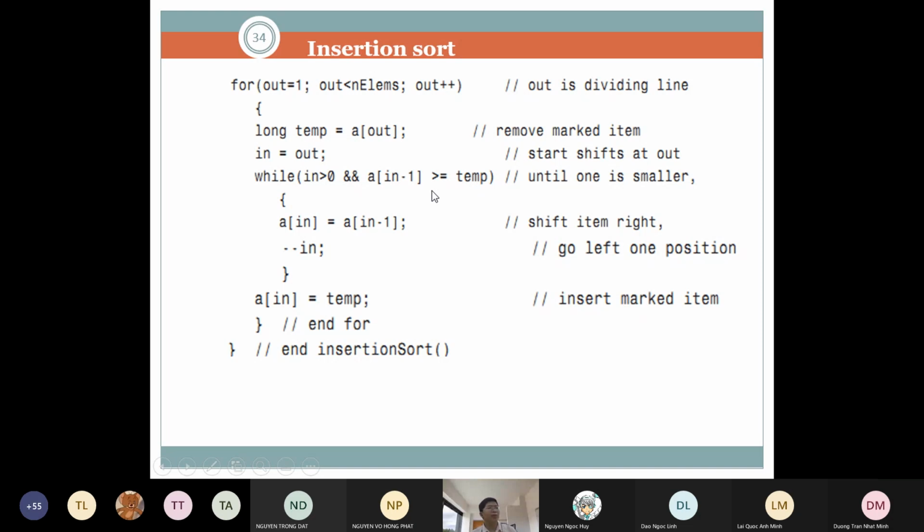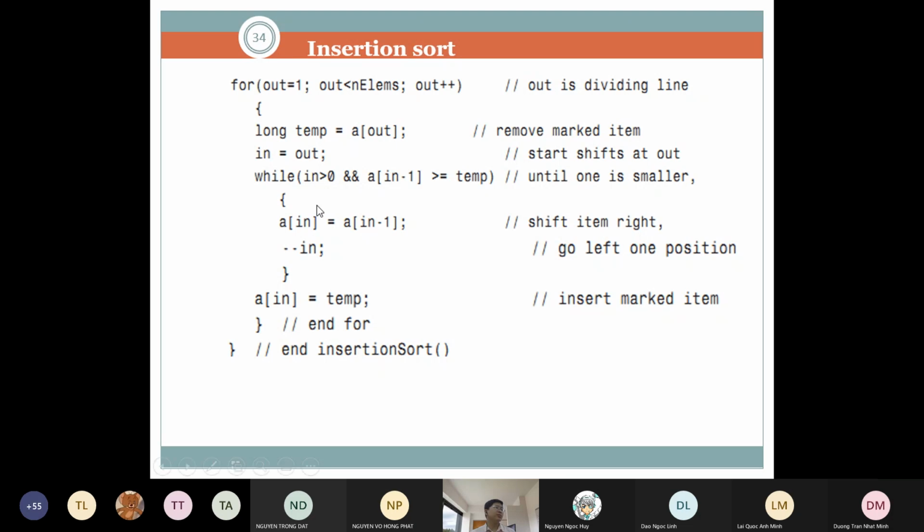Then I just copy it. The current one equals the one at index minus 1. It means we copy the one from the left to the current position, and then we move to the next thing on the left.